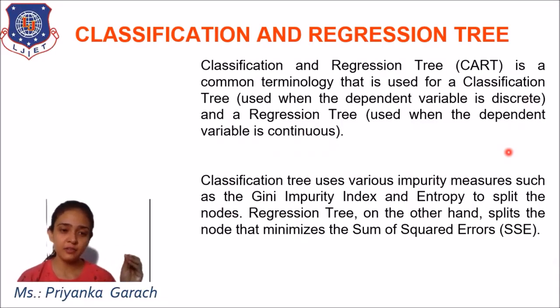Whatever the disadvantages of regression and classification are, they ignore both and take the advantage of both, giving one combined approach, the classification and regression tree. The classification tree uses various impurity measures such as the Gini impurity index and entropy to split the nodes.